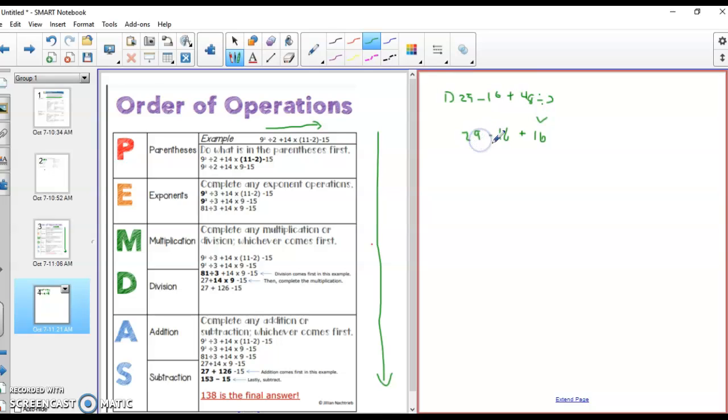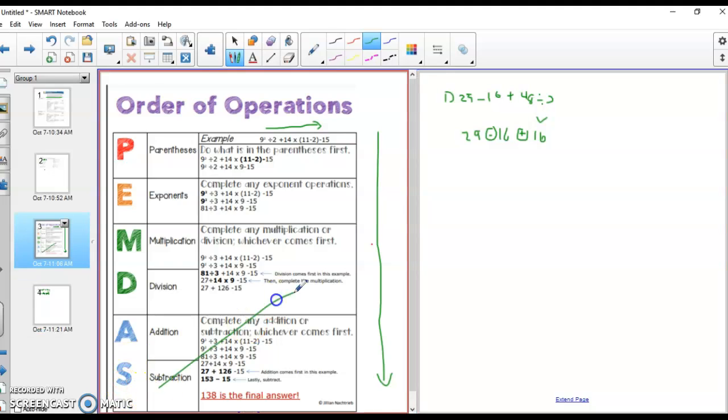Now I look at my operations again. I have subtraction, or I have addition. And if you look over here, down at the bottom, addition and subtraction, but they're color coded the same. Whatever comes first, do first. So in this problem, 29 minus 16 should be done first. 29 minus 16 is going to give me 13.